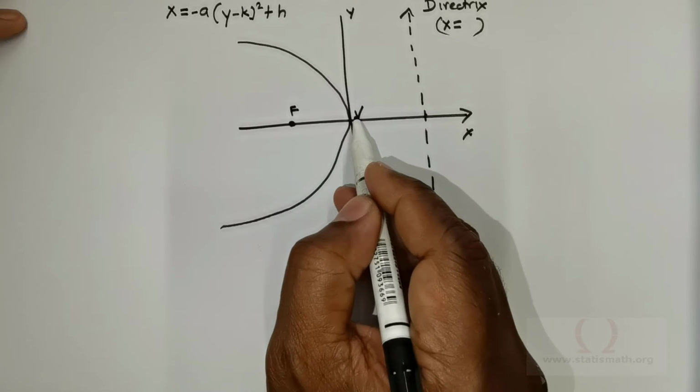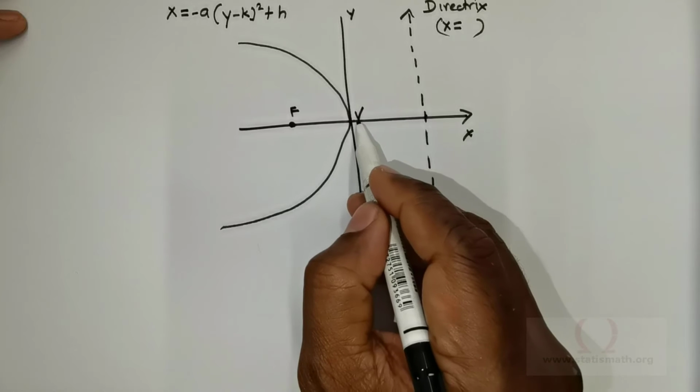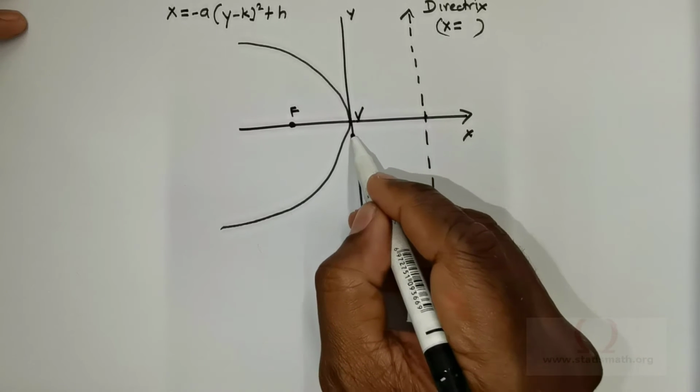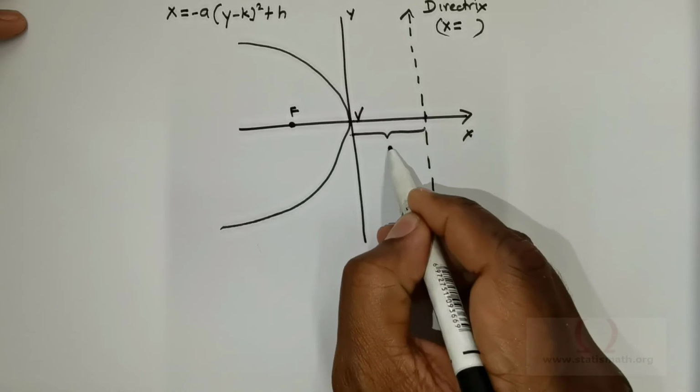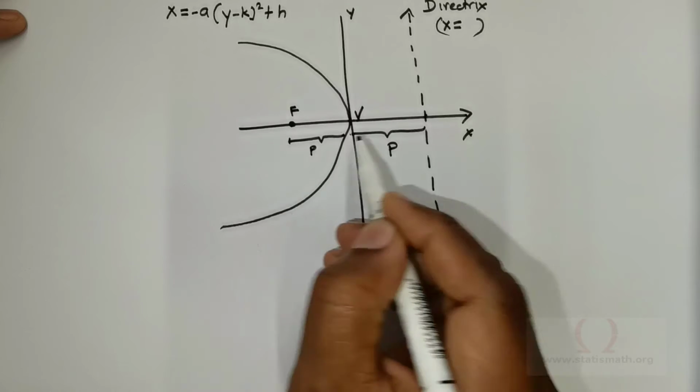So the distance between the vertex and focus, and the distance between the vertex and the directrix, is always going to be p units. So this is p units and this is p units.